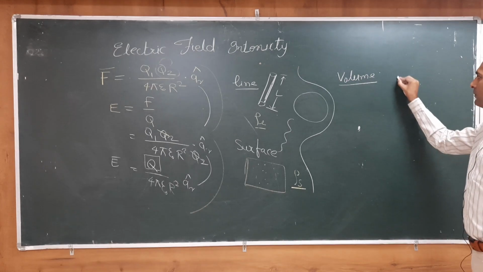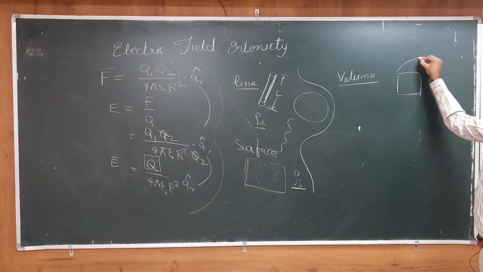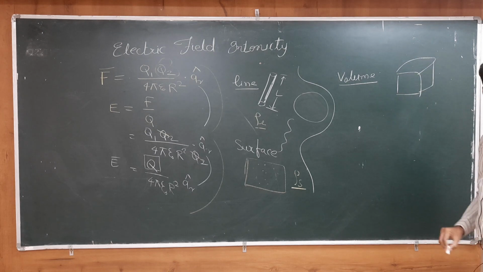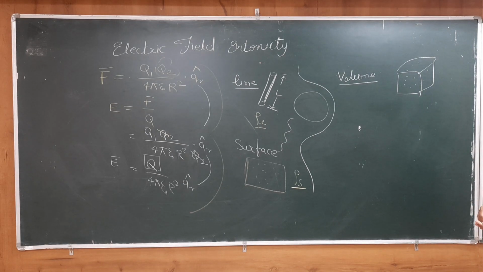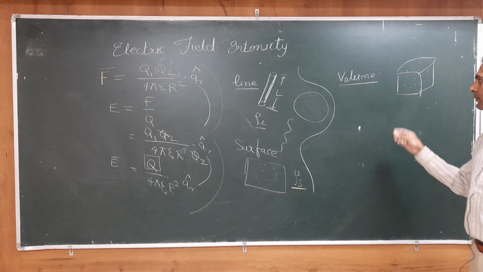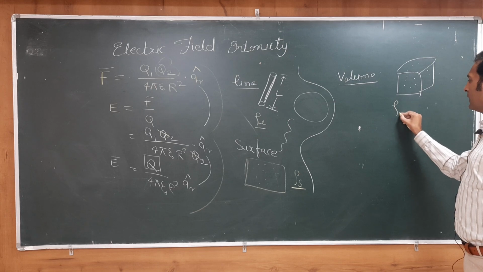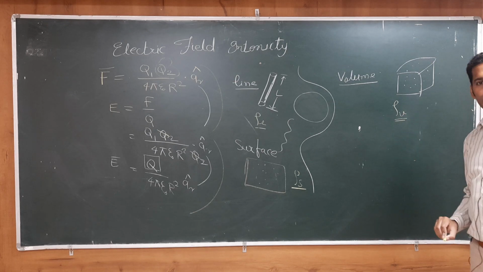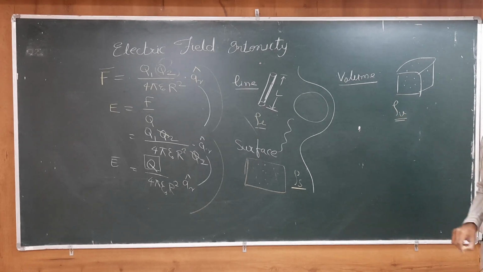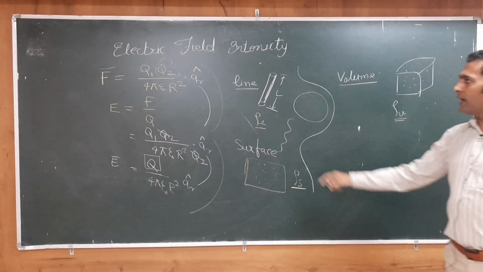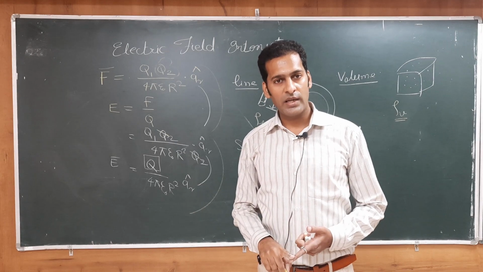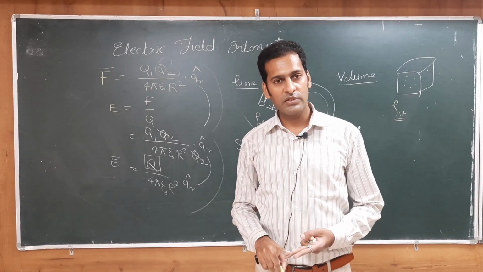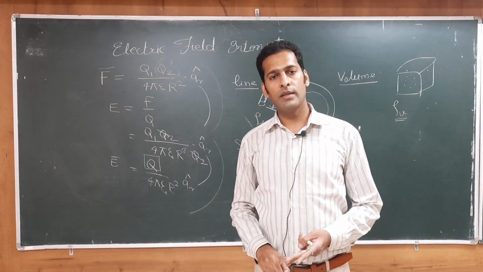There may be a sample volume, say a cube of any shape, and on this cube there will be a number of charges present. For this charge density, we will represent it as rho V, that is volume charge density. So, we have to calculate electric field intensity due to a line charge, due to a surface charge, and due to a volume charge density.